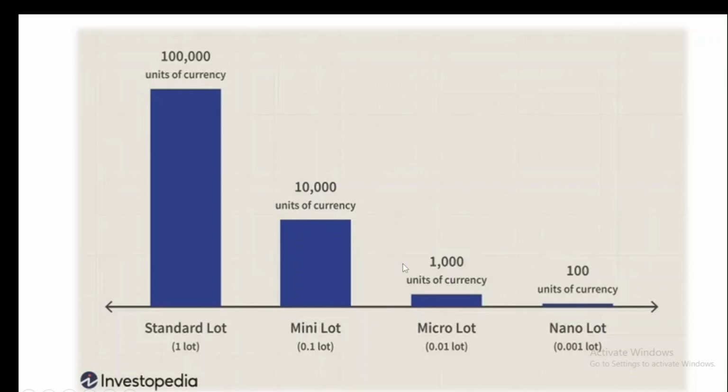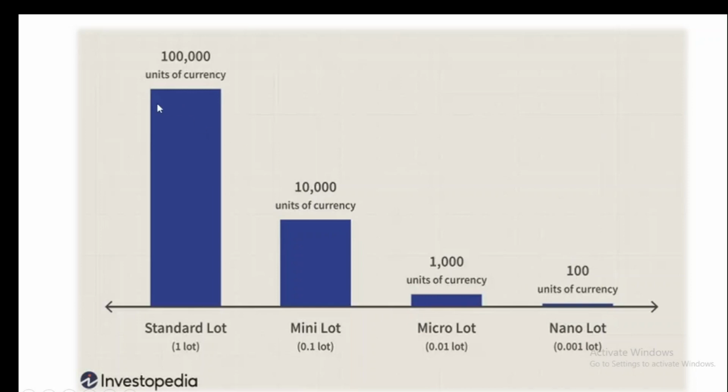Then below the mini lot, we have the micro lot. The micro lot is 1,000 units of the currency. So if you are buying one micro lot of Euro USD, it means you are buying 1,000 euros, or selling 1,000 euros. The nano lot, in fact, they rarely use it.